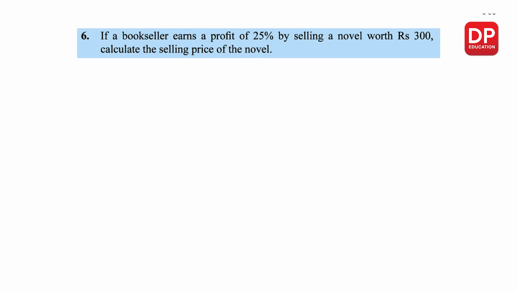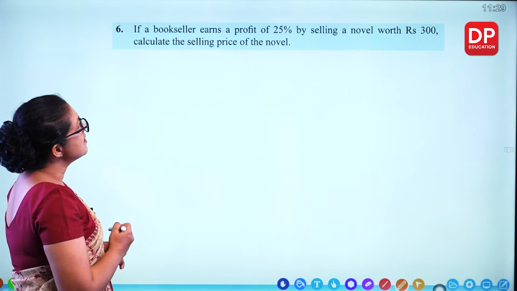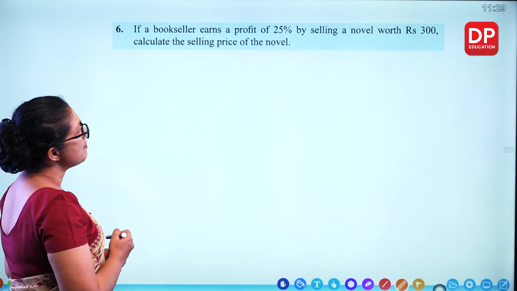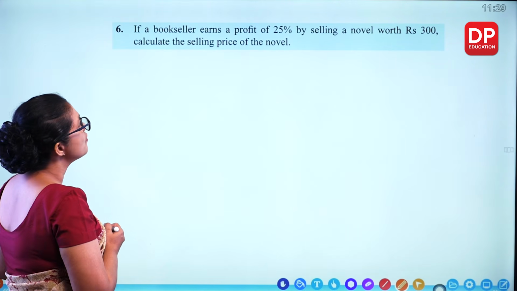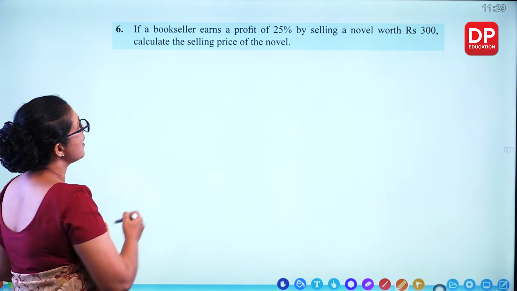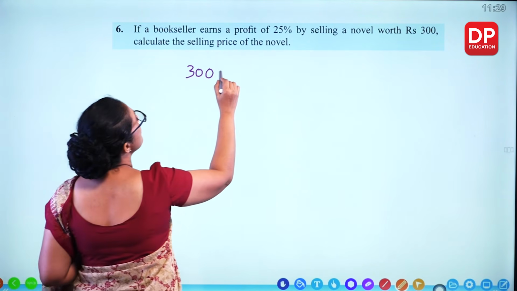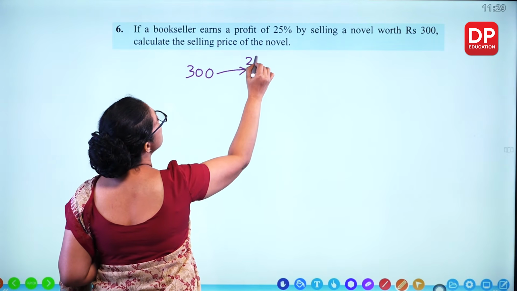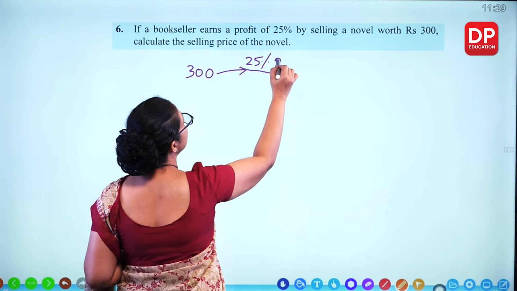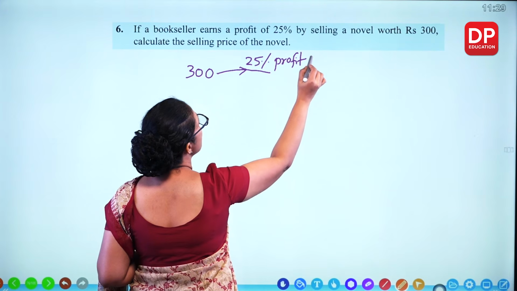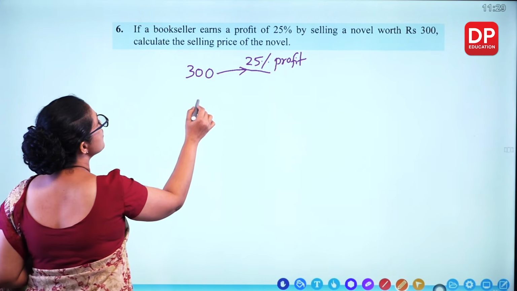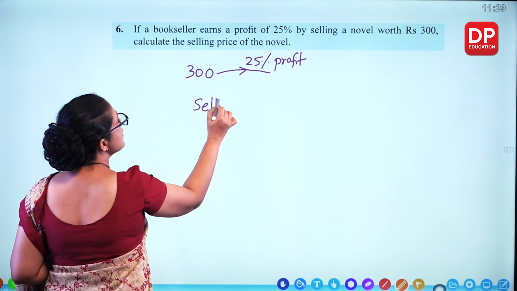Question number 6. If a bookseller earns a profit of 25% by selling a novel worth 300, calculate the selling price. So the price is 300. He needs 25% profit. So you are asked to calculate the selling price. So how do you find out the selling price?